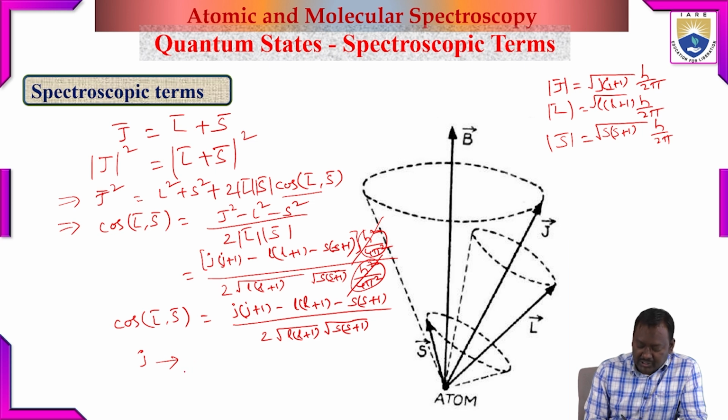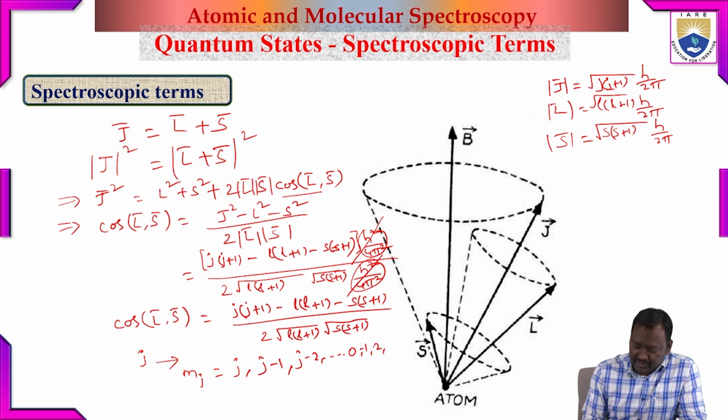The possible MJ values are J, J minus 1, J minus 2, and so on, down to minus 1, minus 2, up to minus J. So there could be values of MJ from J to minus J in steps of integer values.